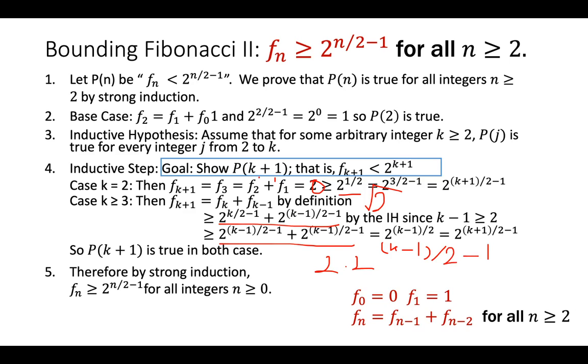This will be 1 here, and we can simplify this part like this, and this one was the same as this. So that's why we can prove P(k+1) is true in both cases. So that's why the lower bound is also true for all natural numbers n greater than or equal to 2.